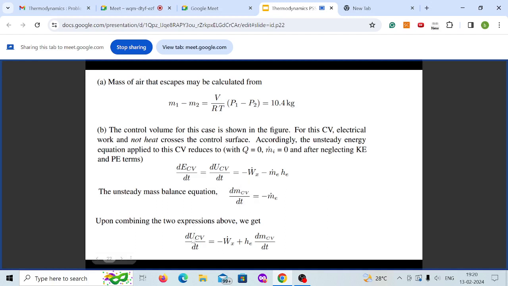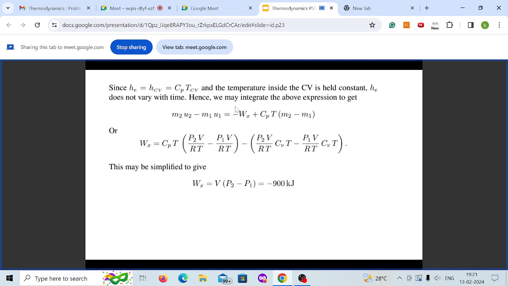So substituting m dot E as dmCV by dt, since the exit enthalpy is equal to the enthalpy of the fluid in the tank, and the tank is at constant temperature, H is nothing but Cp into the temperature of the control volume. So this is the enthalpy of the exit stream, or exit air.